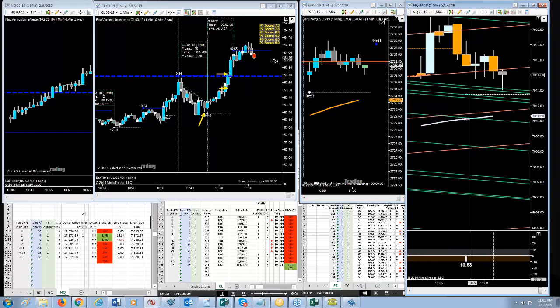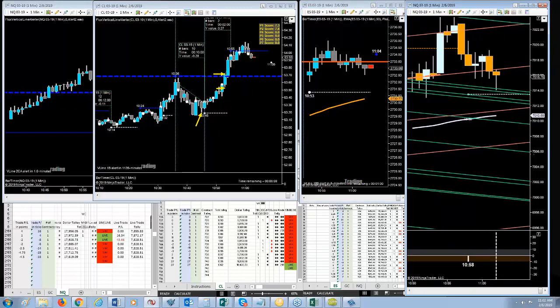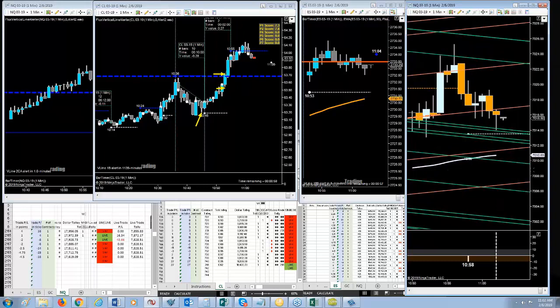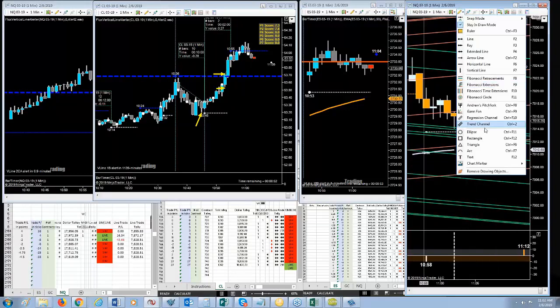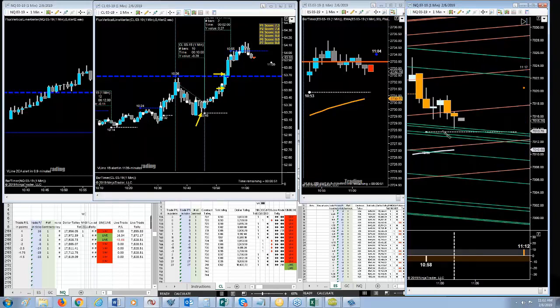On the NQ, we were at the next signal at 10:58. A good place to look for a long would be a bounce off of this zone right here.